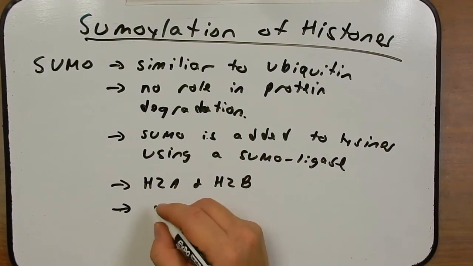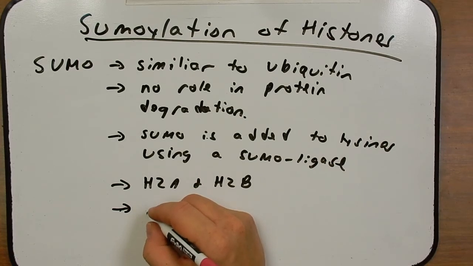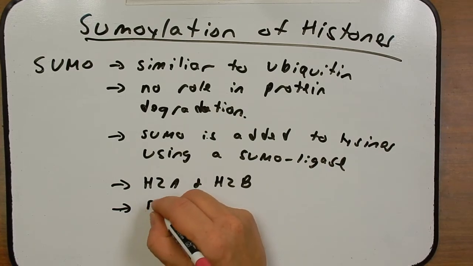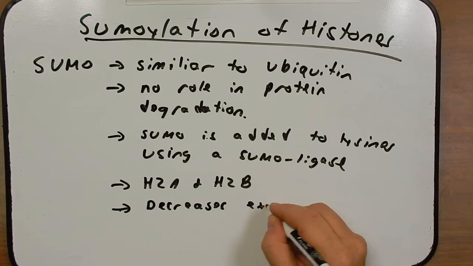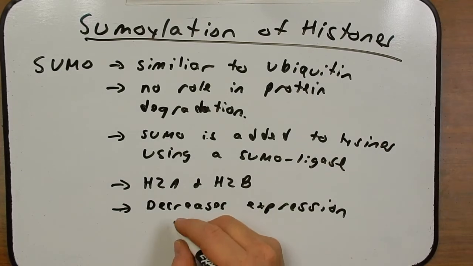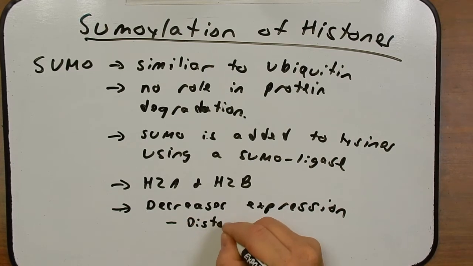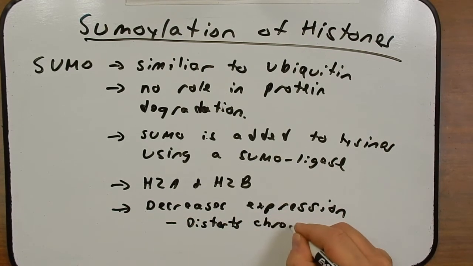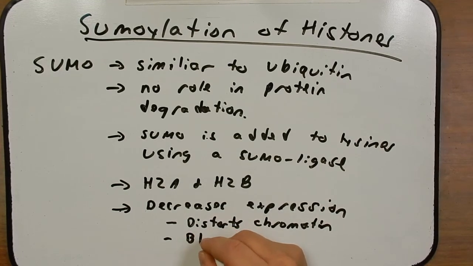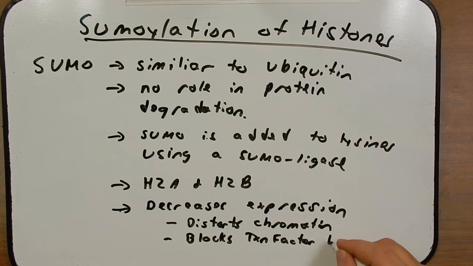Though it's still being investigated, typically when a lysine is sumolated, it decreases expression. How it decreases expression, we don't know. Some of the hypotheses is that it distorts chromatin structure, and another hypothesis is that it blocks transcription factor binding.